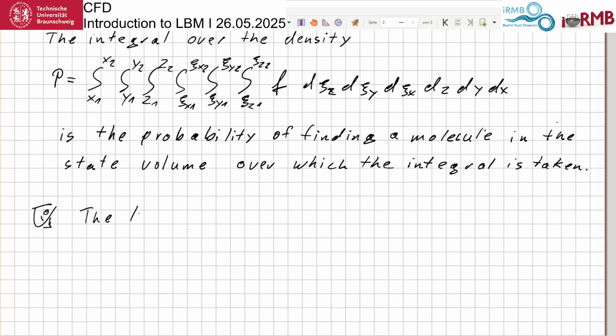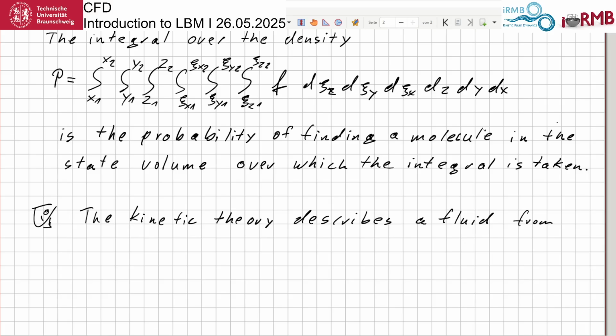So the kinetic theory describes, in this case, a fluid, but this also can be done for solids or whatever, electrons or whatever.